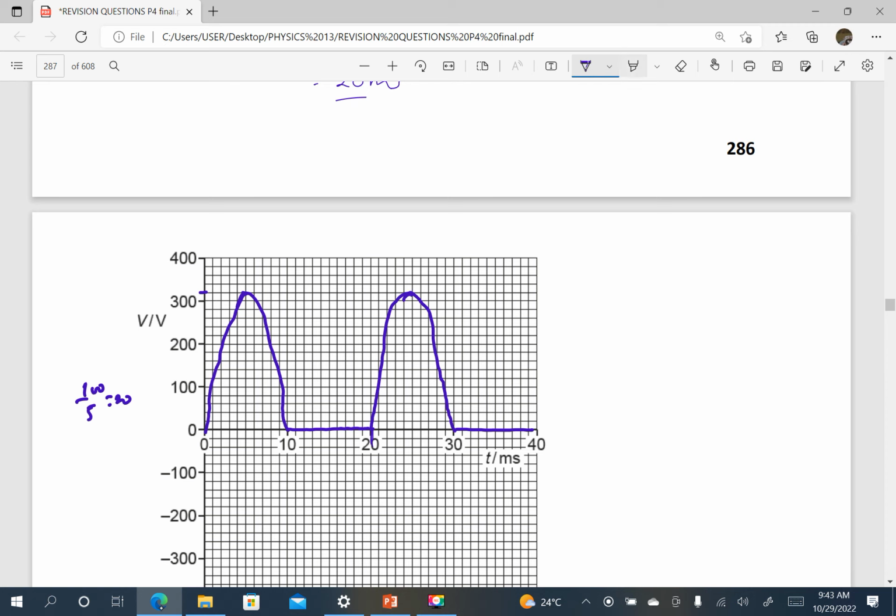The other part will be 0. Let me try to rectify this. Okay, so that will be the graph half wave rectified.